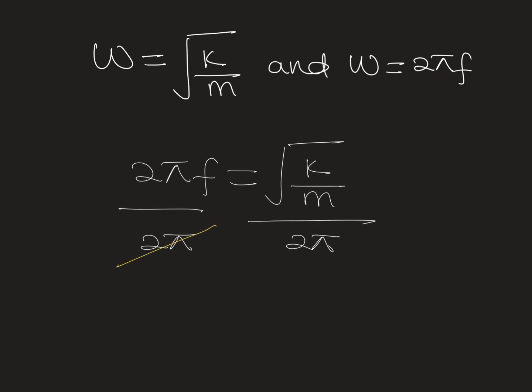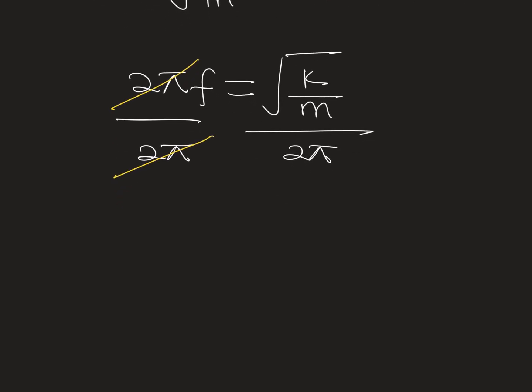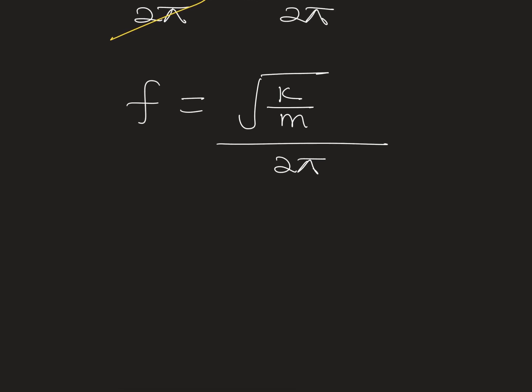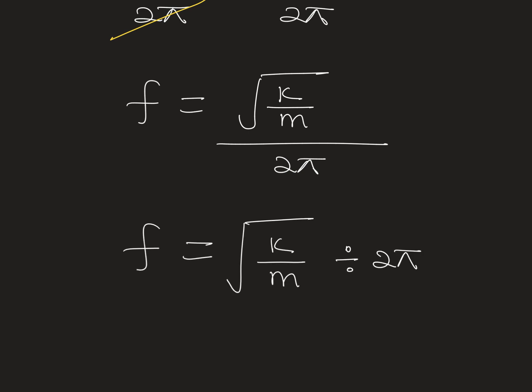So this will cancel this. So therefore, F is equal to the square root of K all over M all over 2 pi. Now, this is also the same as the square root of K all over M divided by 2 pi, right?